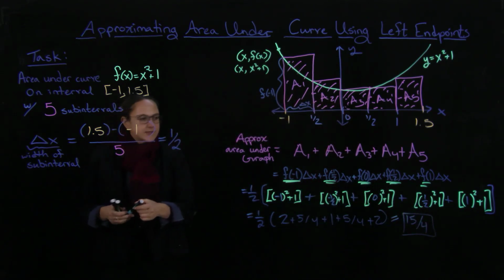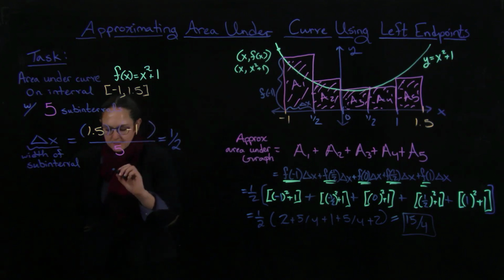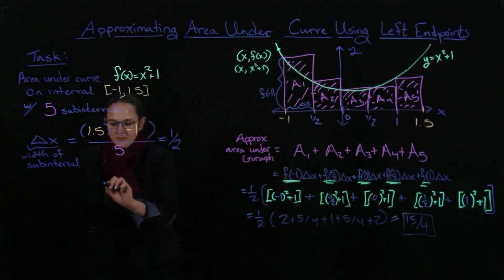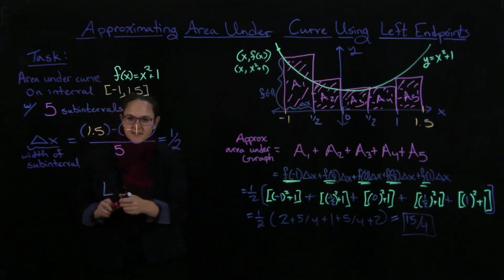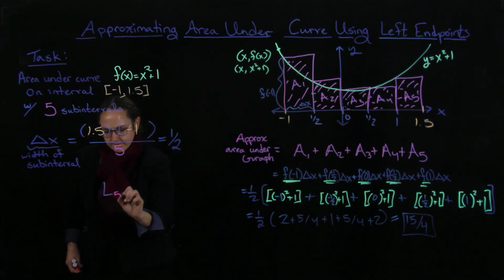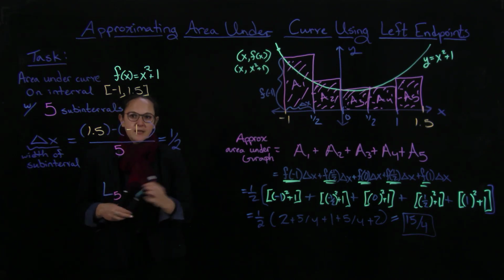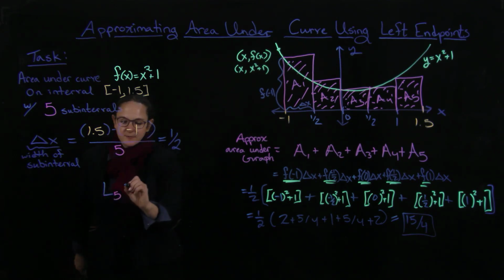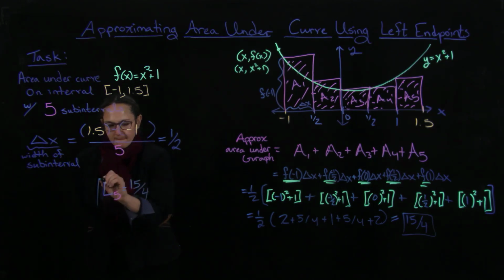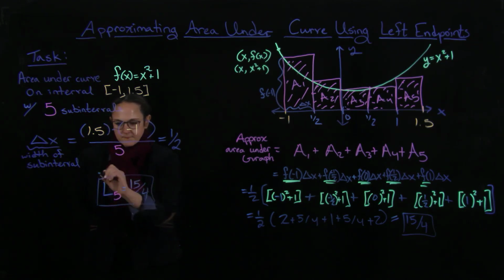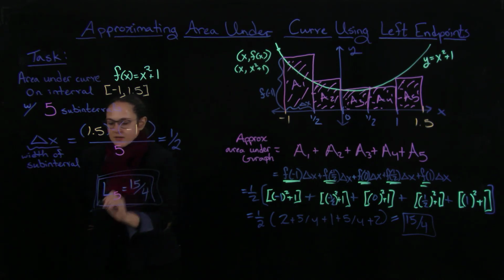So this is called L5. L, because we're looking at left-hand endpoints. 5 comes from the 5 subintervals. Okay, so my answer is that L5, which is what I'm looking for, is 15/4. So that's my final answer.